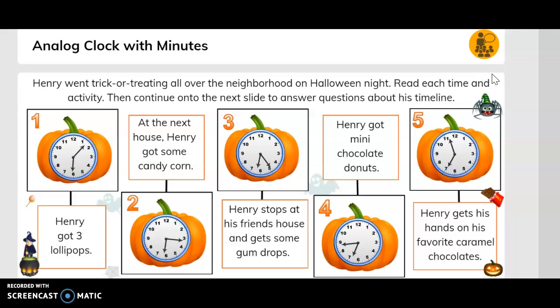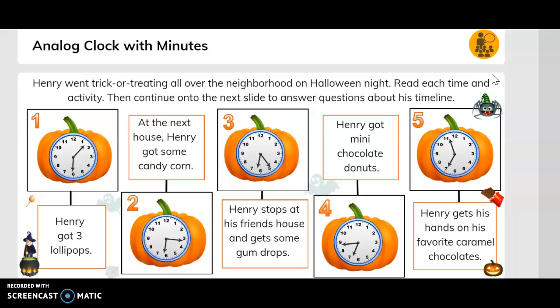At the next house, Henry got some candy corn. And that's pumpkin number 2. What time is it on pumpkin number 2? Pumpkin number 3. Henry stops at his friend's house and gets some gumdrops. Pumpkin number 4. What's the time? Henry got mini chocolate donuts. Pumpkin number 5.